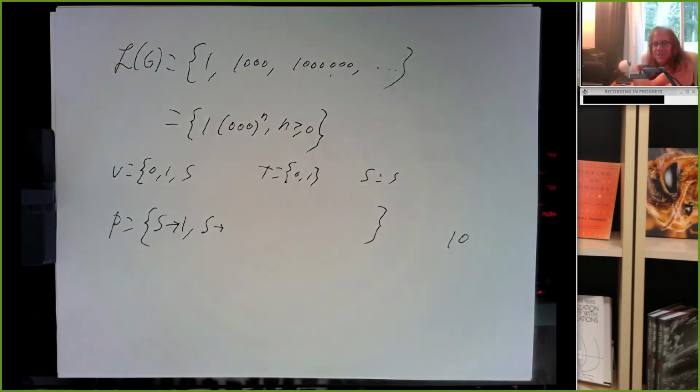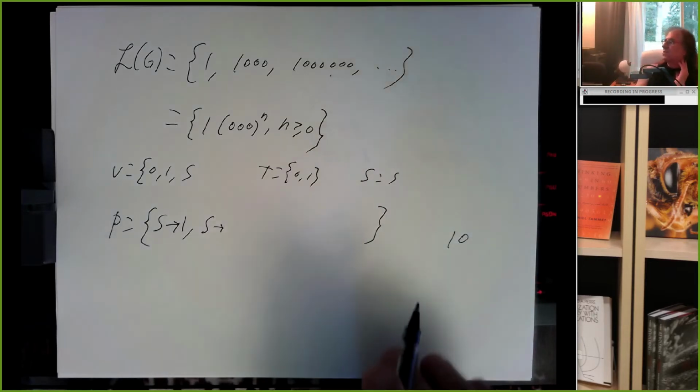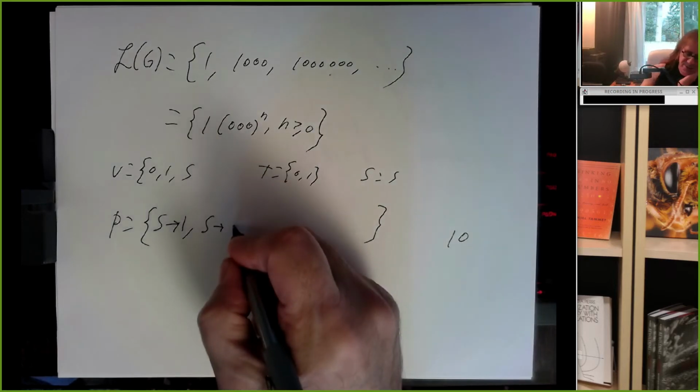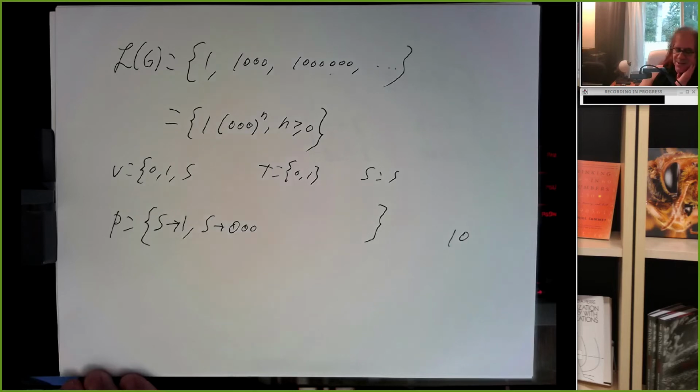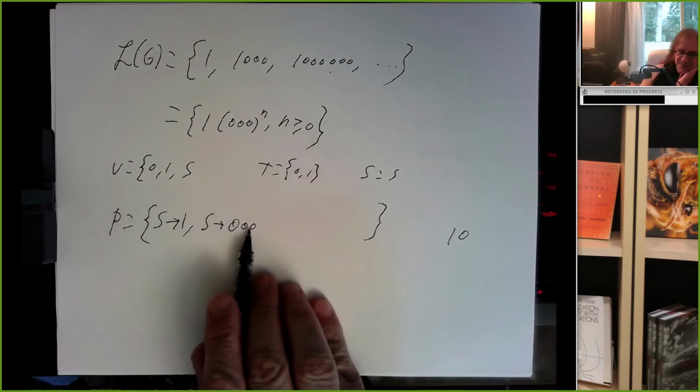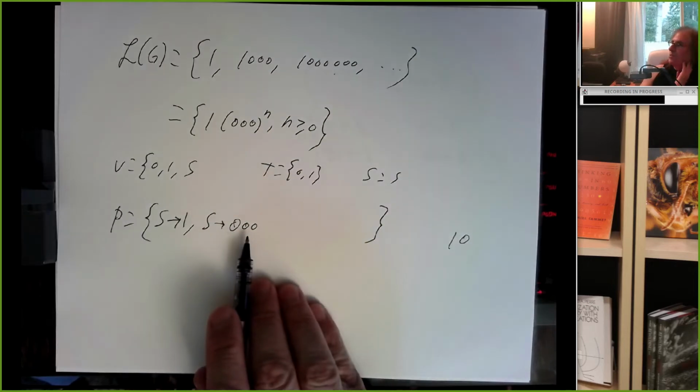Any string in here has to be a 1 followed by some multiple of 3 zeros. But this is close to something we could do. So someone said S goes to 000, and that's not exactly going to work because this is not part of the language. A 1 followed by this would be.